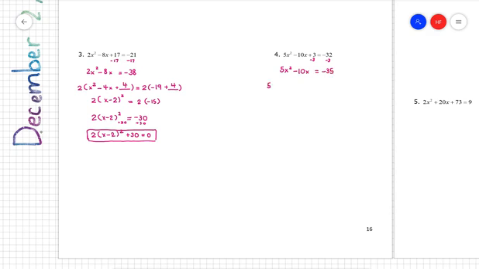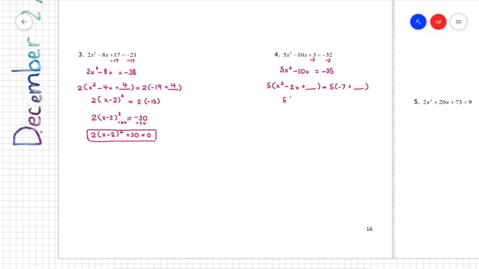So I'm going to factor out a 5. I get x squared minus 2x plus something equals 5 times negative 7 plus something. So I factored out that 5 on both the left and the right.